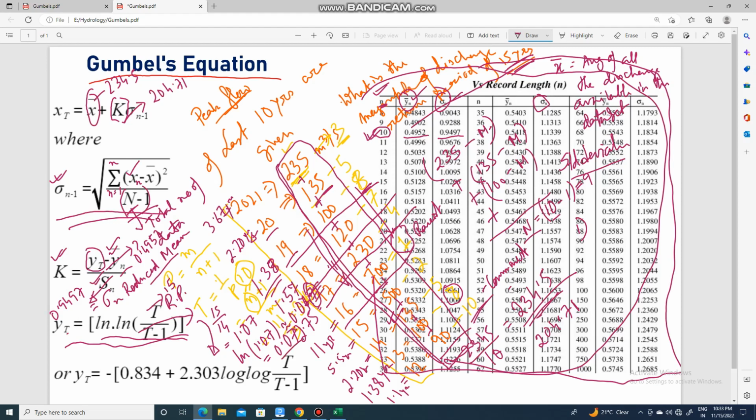Now we have to again apply another log normal. So log normal of 0.07, you see, log normal of this one, 0.07, is coming as minus 2.659.